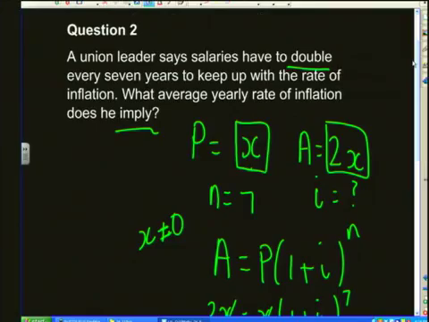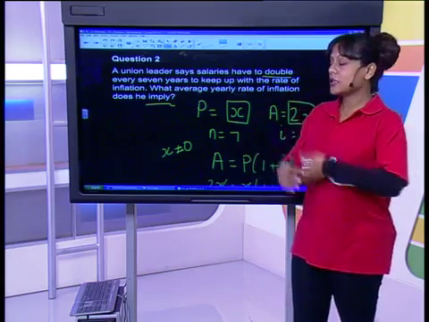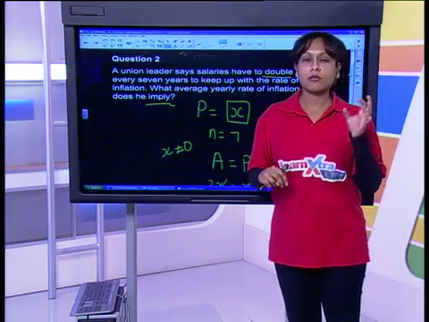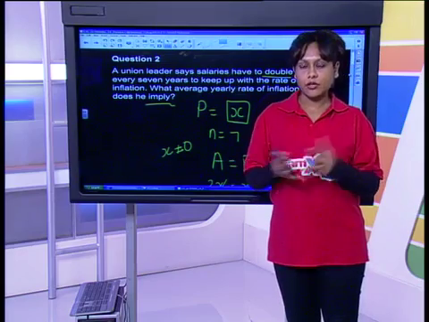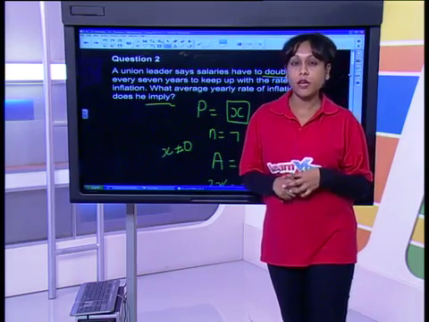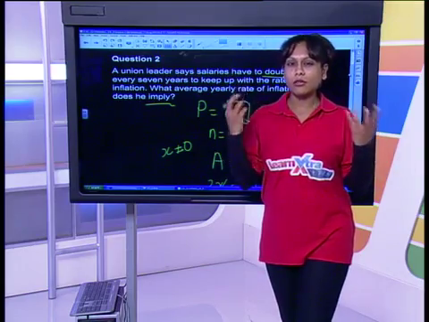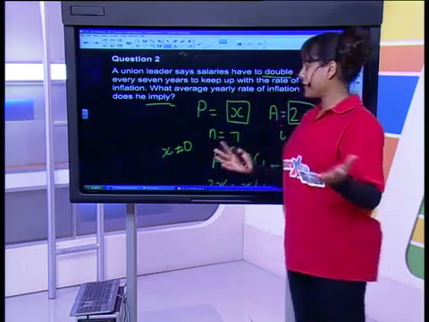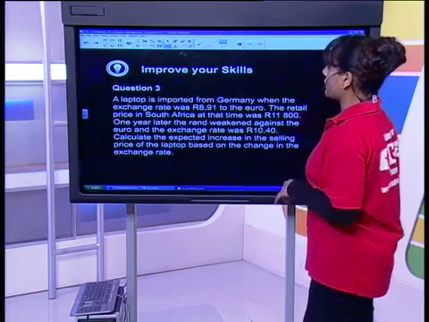So in order for those salaries to double, these workers need to get a 10.4% salary increase in that 7-year period. All very practical and all easy to see in the real world. Just open up the newspapers and you'll see exactly what we're talking about.